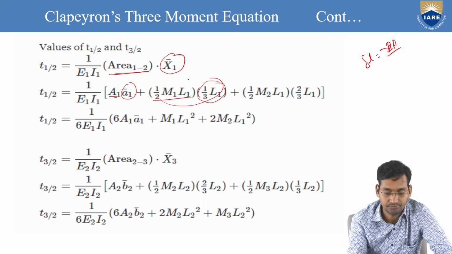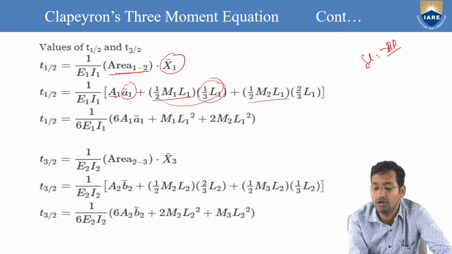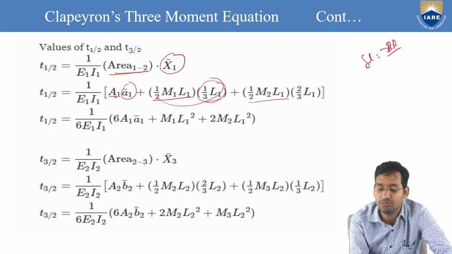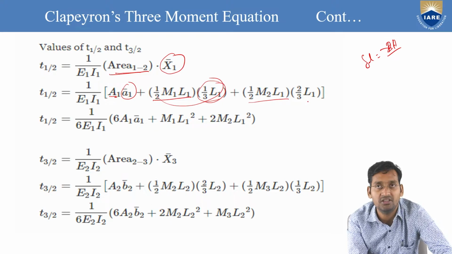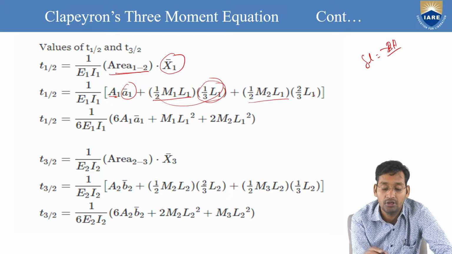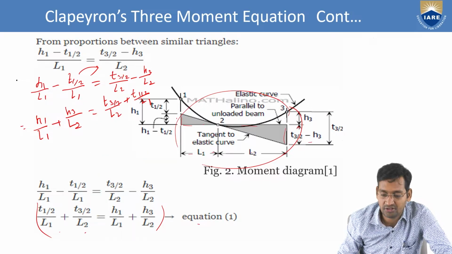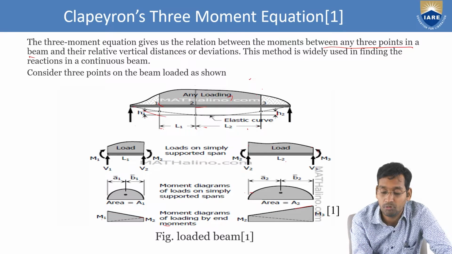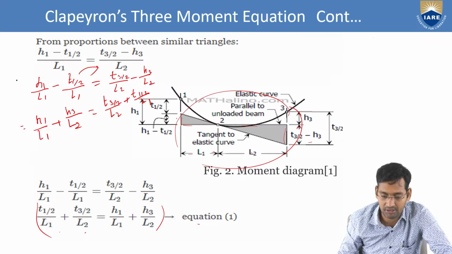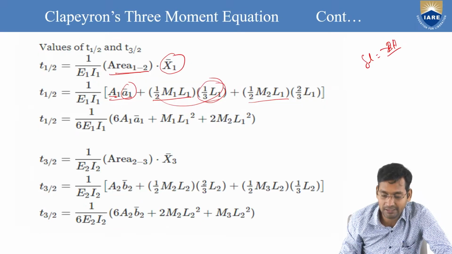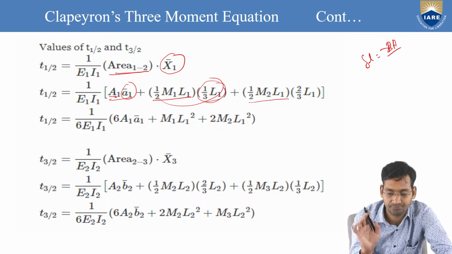Similarly for the other, this will be half M2 L1, the area, and if 1 by 3 is on one side, then on the other side it will be 2 by 3 L1. So now just see once again, capital A1 and average small a1, that will be the moment. Later we will see what a1 and a are in that table.